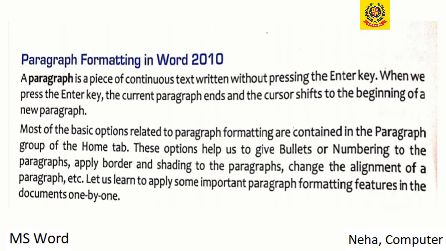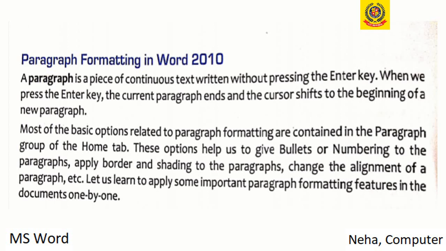In this way, a piece of continuous text written without pressing the enter key is called a paragraph. Most of the basic options related to paragraph formatting are contained in the paragraph group of the Home tab. In that, different types of paragraph formatting are available.